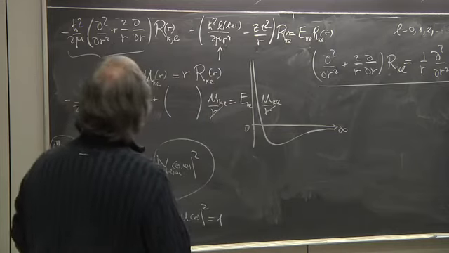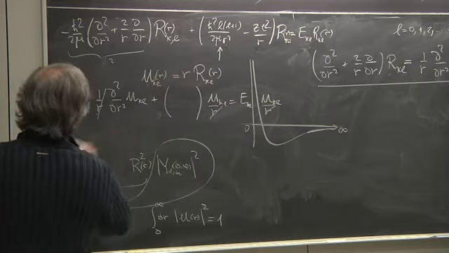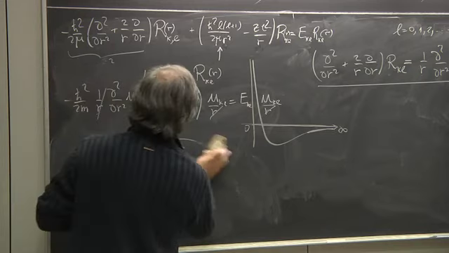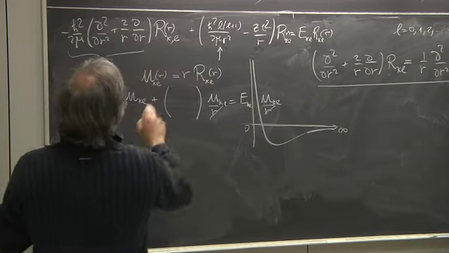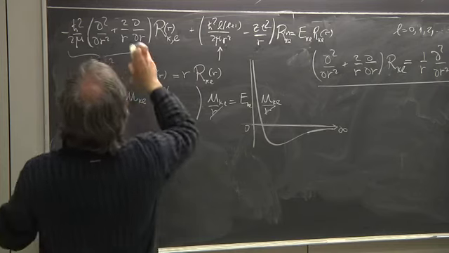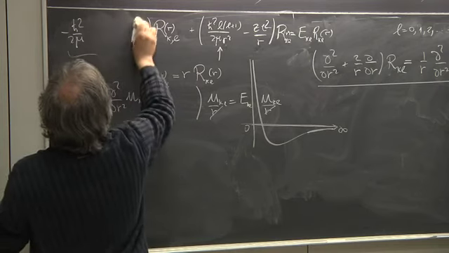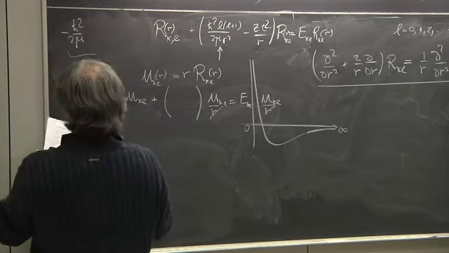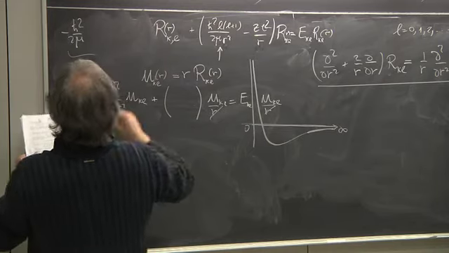Okay? So, in conclusion, hopefully it was clear that the use of this variable u considerably simplifies the equation, and you have the following object.